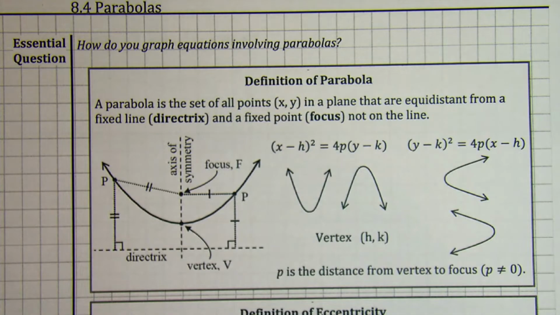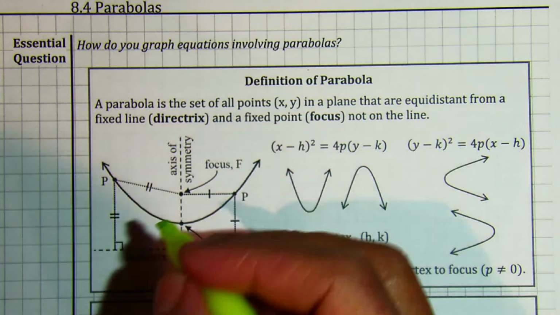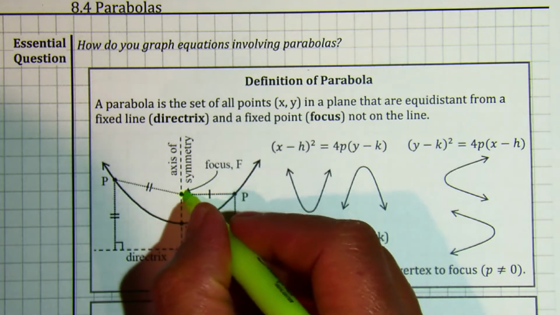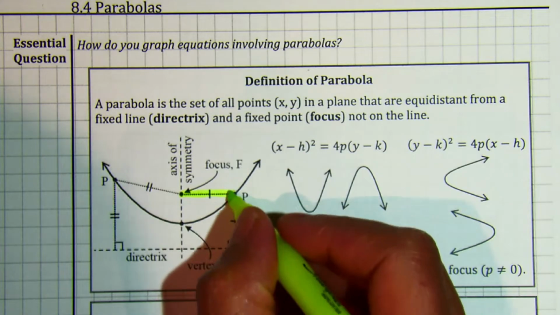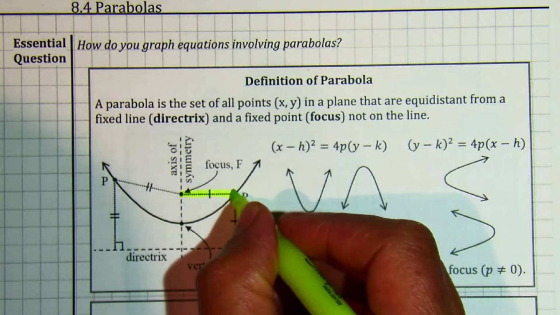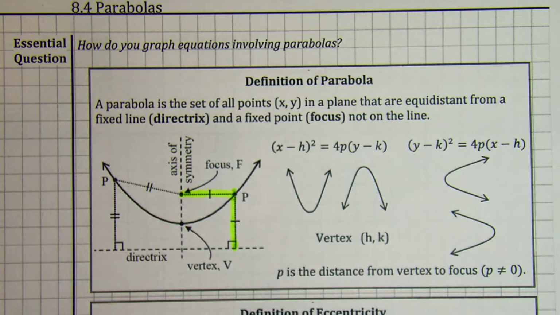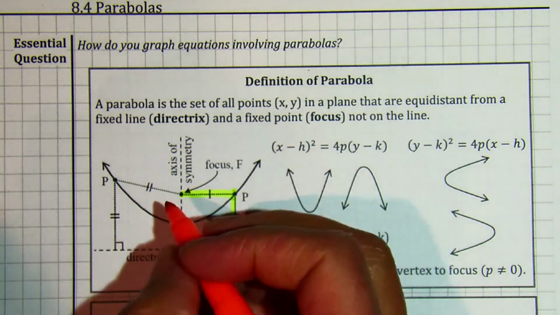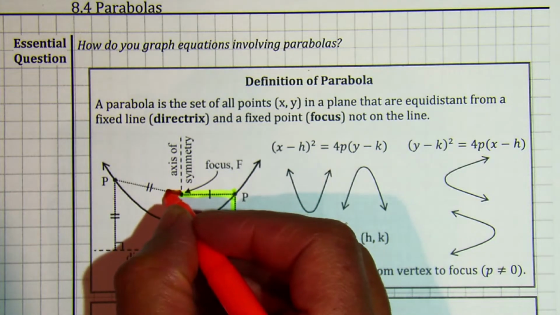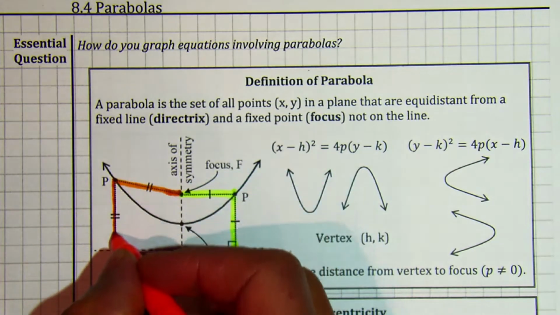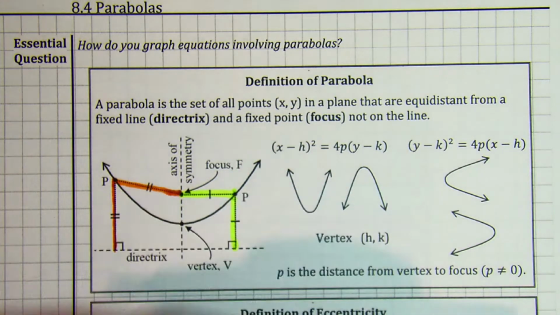So a parabola has the following characteristics. If you go from the focus to anywhere on the parabola and you form a perpendicular line to the directrix, those two segments are congruent.